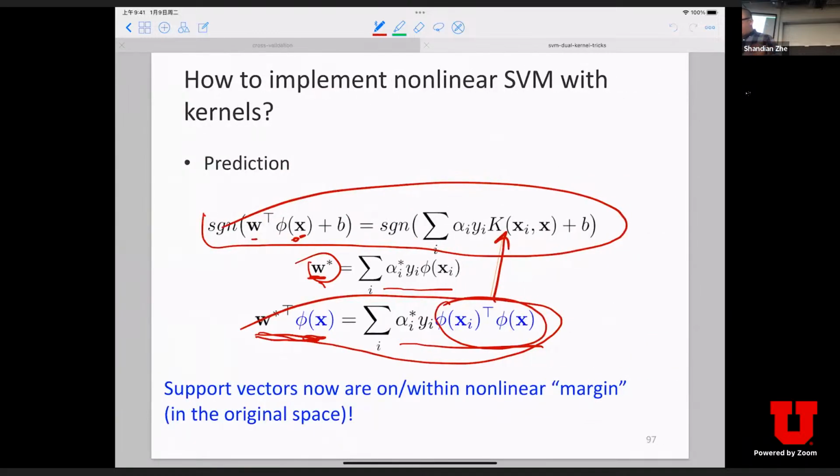And then in the prediction and in the recovery of B, you never need to explicitly compute the weight vector. You can use the kernel function to do everything. So in this way, we completely transform our SVM from a linear classifier to a nonlinear classifier by leveraging the dual form and the kernel trick. Any question?